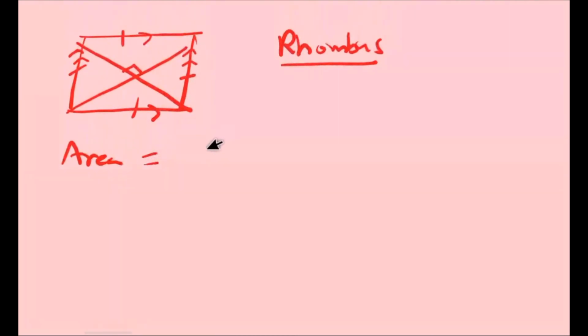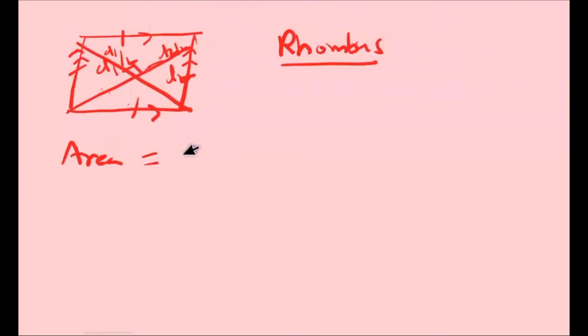Area equals, let this diagonal be D1 and this diagonal be D2, so this length is D1 by 2 and this length is D2 by 2. This is half of this length and this is half of this length. These 4 quadrants will be equal in area.